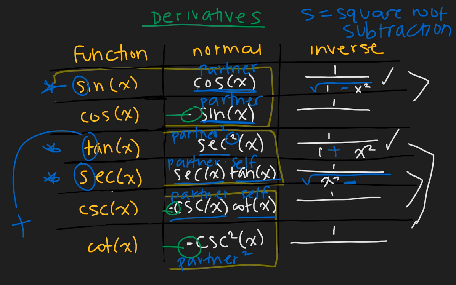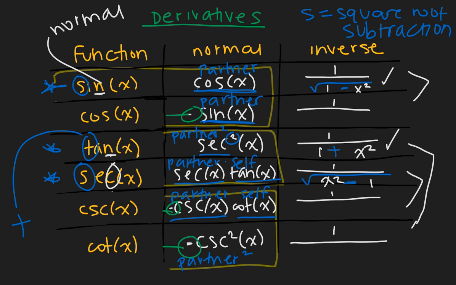It's actually x squared minus 1. If you want to find a way to remember it, the ones with the n at the end are normal. N stands for normal. And since secant doesn't have an n at the end, it's the odd one out.